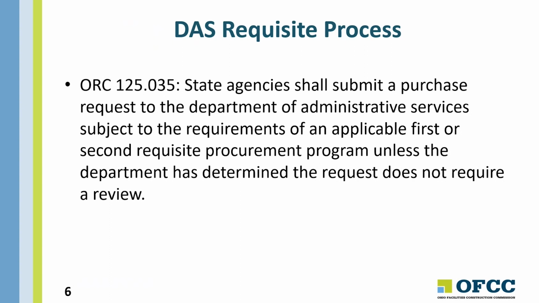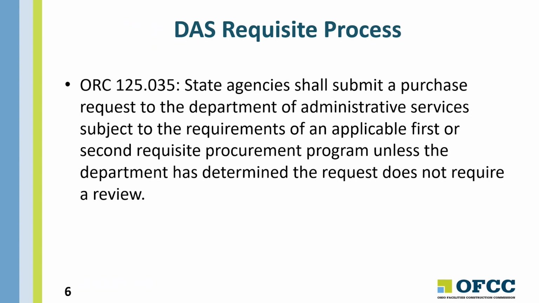DAS, Department of Administrative Services, has a requisite procurement process that requires state agencies to submit a purchase request to them to allow the first or second requisite procurement programs like Ohio Penal Industries or another first or second requisite procurement program to determine the request does not require a review.